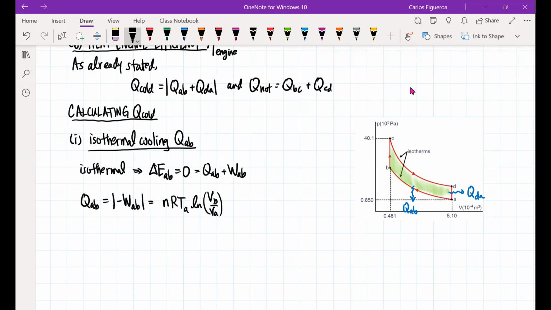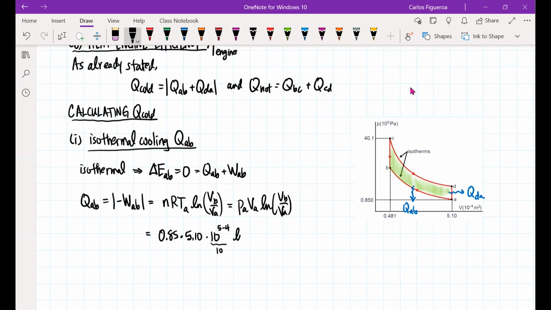So let me convert nRTA to PA VA, and this will be the log of VB over VA. Now if I start punching in my numbers, I have that the pressure at A is 0.85 times 10 to the 5. Then I have my volume at A, which is 5.10 times 10 to the minus 4, so it's really a factor of 10 to the 5 minus 4.